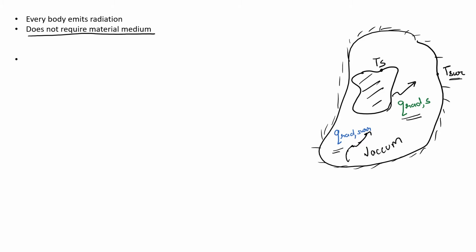So now let's say that in this case, if Ts is greater than T surrounding, that means the surface temperature of your body is greater than the surrounding temperature. And remember that in radiation, we'll assume that our surrounding temperature is constant.